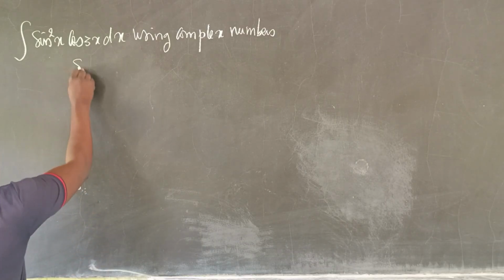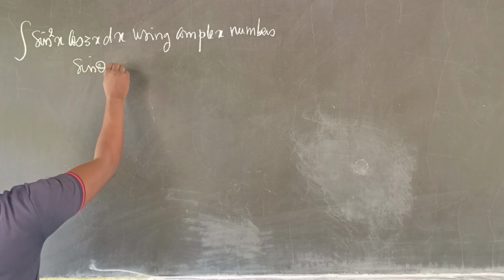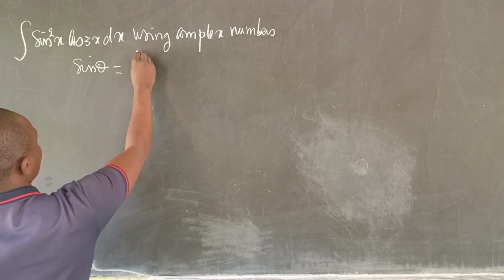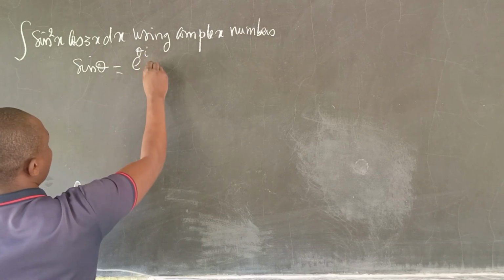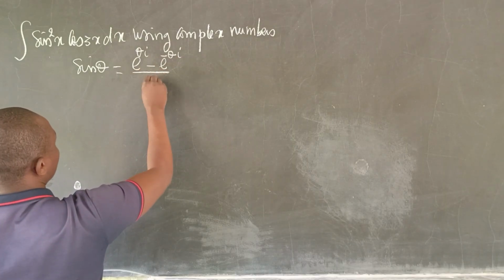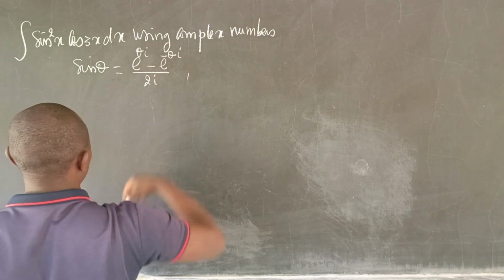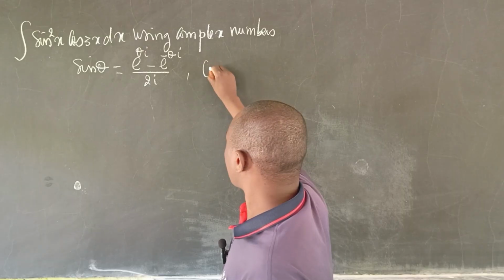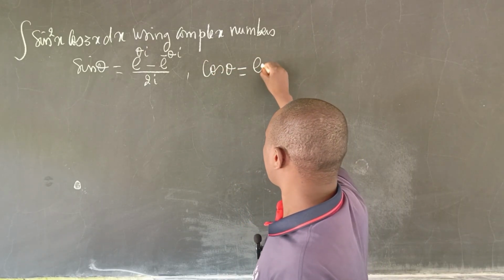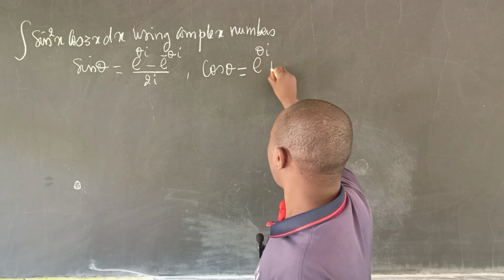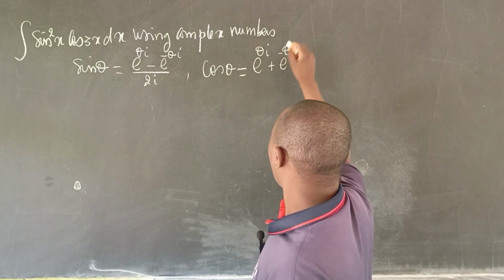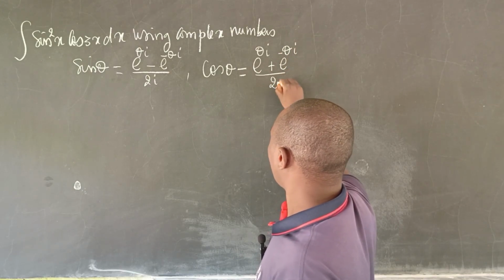As you know, sin theta can be written as exponential of theta i minus exponential of negative theta i over 2i, while cosine theta is equal to exponential of theta i plus exponential of minus theta i over 2.